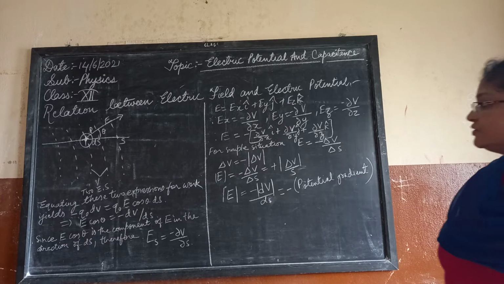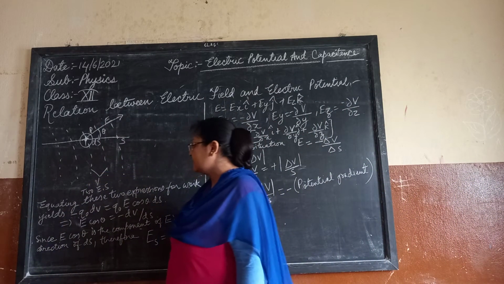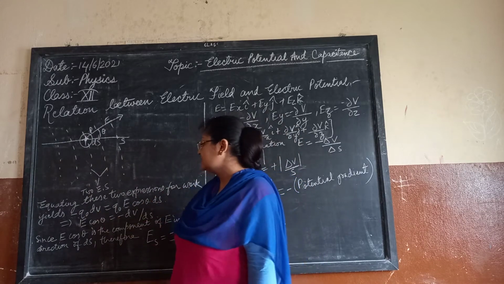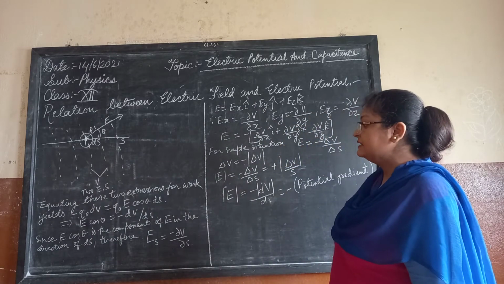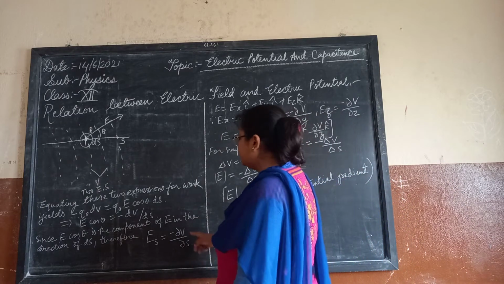So minus Q0 dV equals Q0 E cos theta ds. Now E cos theta is the component of E in the direction of ds. Therefore Es is equal to minus dV upon ds.